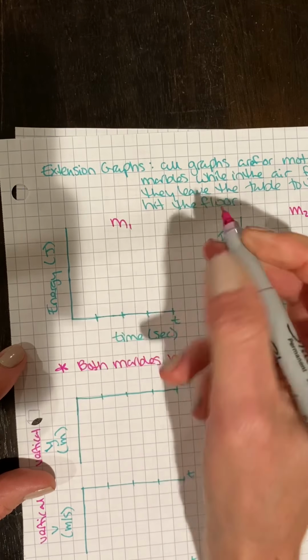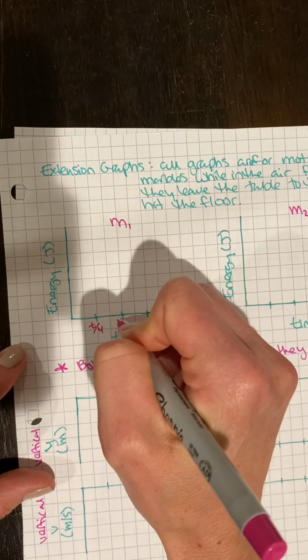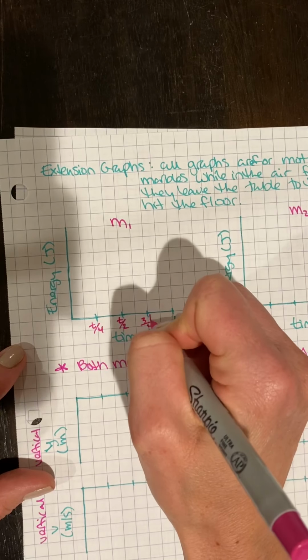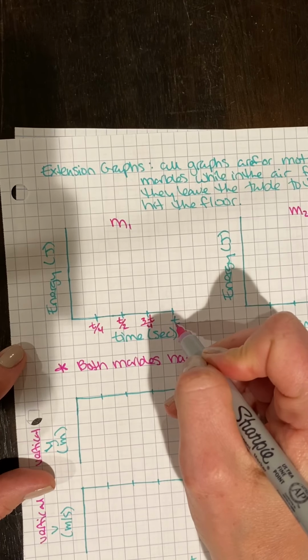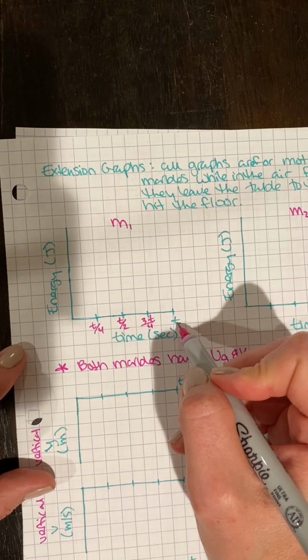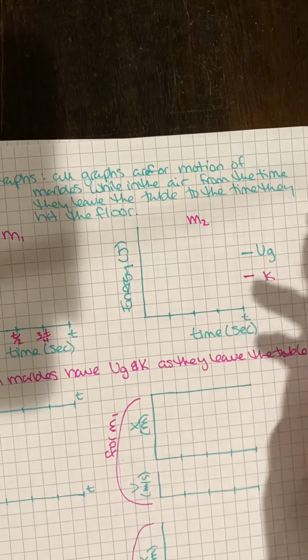So we're going to do a quarter of that time. We're going to do half the time. We're going to do 3/4 the time, and then the time that it hits the ground. So from the time it leaves the table to the time it hits the ground, we are going to graph our energy for both marbles.